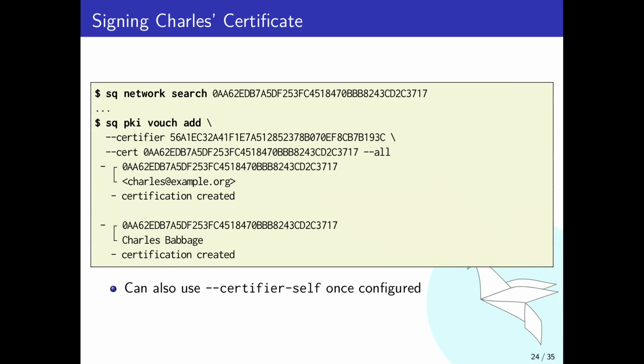With SQ pki link add, we only had to specify the certificate and the user IDs that we wanted to link. Now we also have to specify a certifier because we want to make a public vouch. So we need to specify which certificate we want to use. So Ada specifies her own certificate. And again, we can also use our configuration file in order to specify a default. And this certification is created.